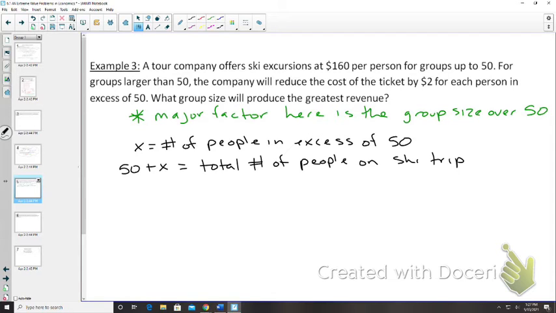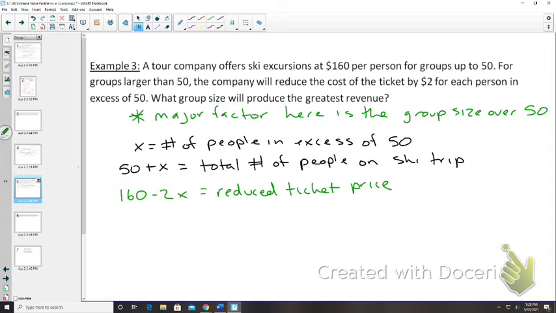The ticket price is going to be 160, that's our base price, subtract 2 times x. This is going to be our reduced ticket price, 160 minus 2x.